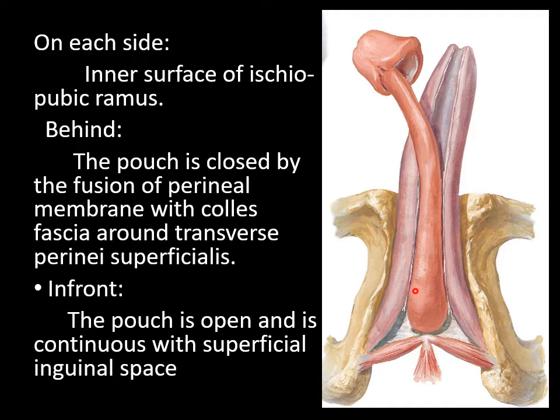So the pouch is closed on each side because it fuses with the ischiopubic ramus, and behind it is closed by fusion with the perineal membrane, and in front it is open and continuous with the superficial inguinal space. This is the anterolateral boundary, and here you can see the posterior boundary of this pouch.